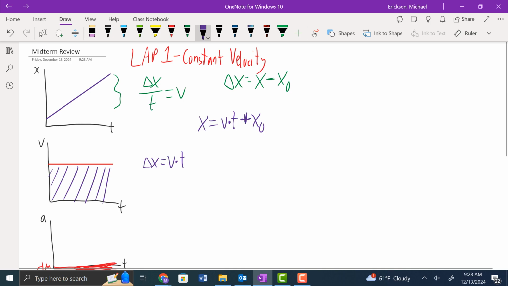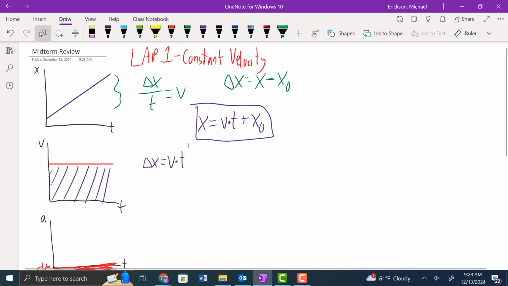What this equation is trying to tell you is that if you want to know how far an object goes, multiply its velocity by time, and then also add in its starting position. A lot of times your starting position is 0, so 0 plus however fast and how long you're going for, that gets you how far you're going to go. Most constant velocity problems are pretty straightforward, so I'm not too worried about how y'all are going to manage with that.